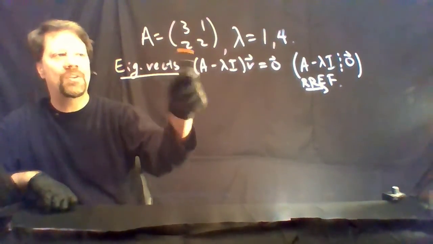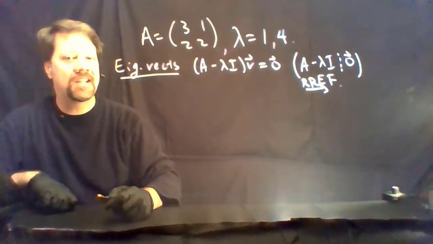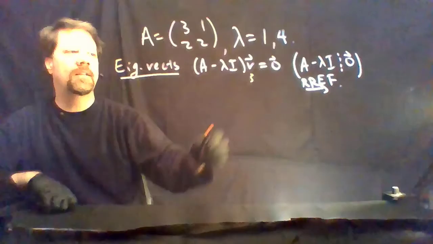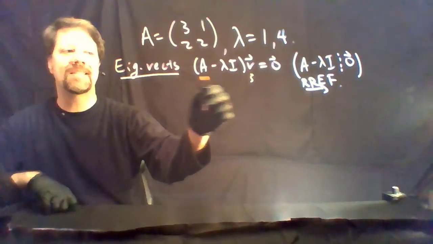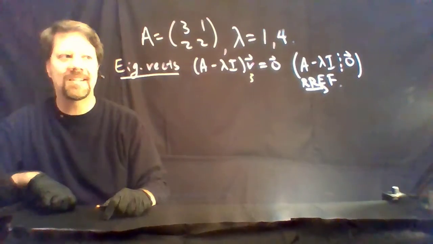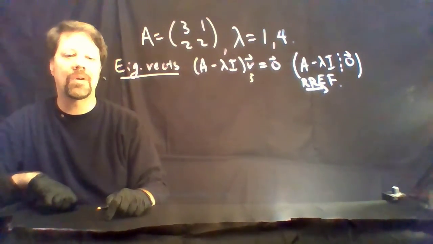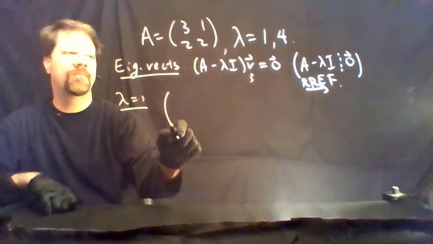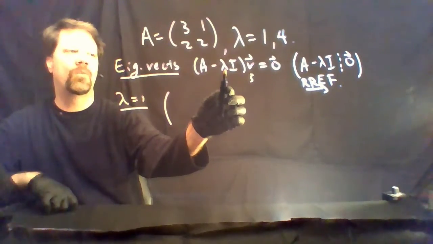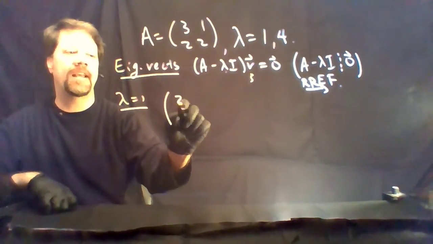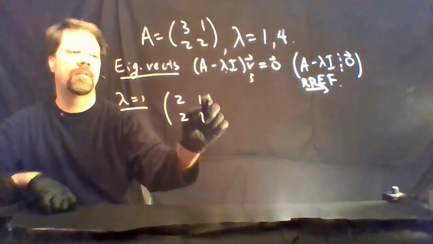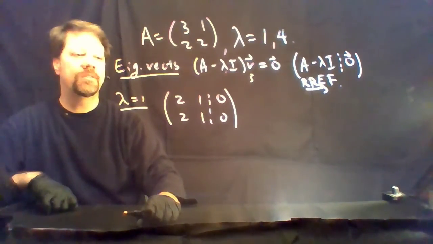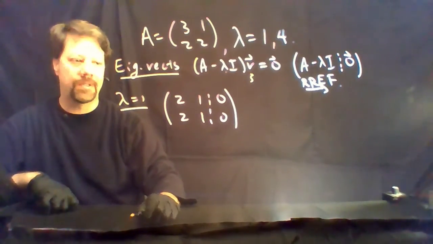In our 2 by 2 case, you will discover that this is particularly simple. Since we're looking for a non-zero solution, this will always be singular, which means that the rows will be dependent. And since there are only 2 rows, that means you'll be able to cross one of the rows out. In the lambda equals 1 case, this just means subtract 1 from the diagonal elements of A. The augmented array is then clearly 2, 1, 0, 2, 1, 0.